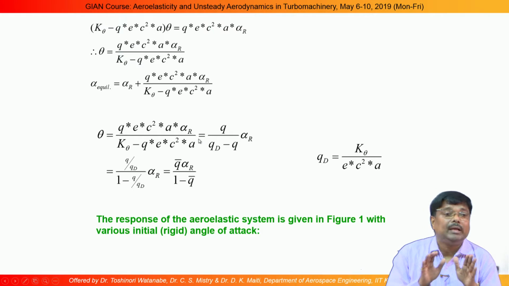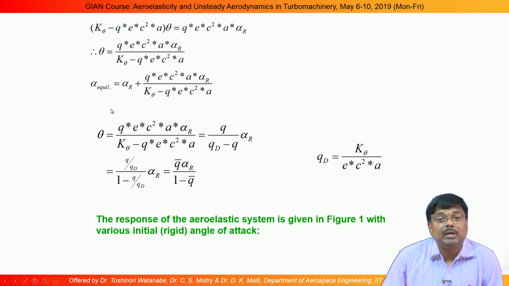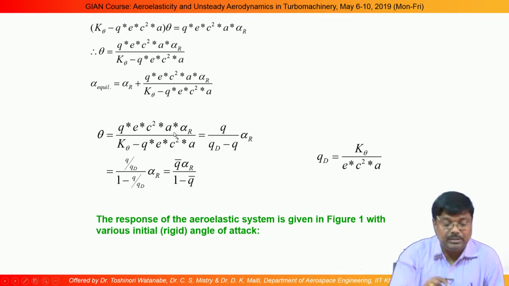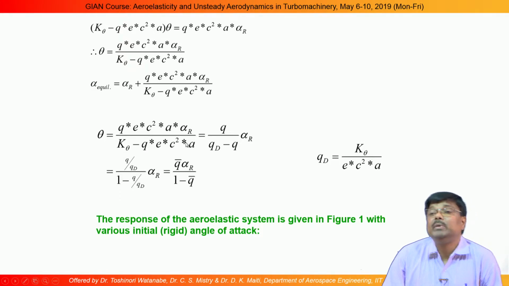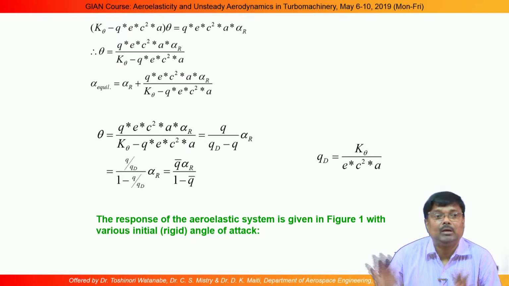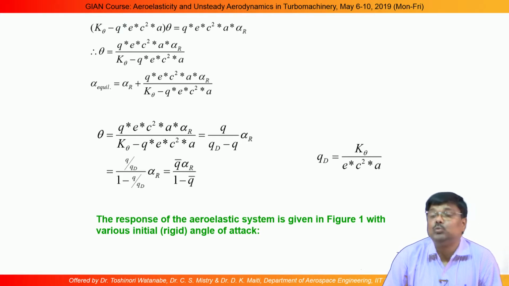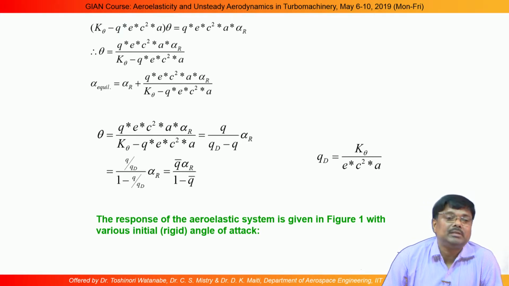There I will get a condition: theta can become infinite when the denominator of this equation becomes 0. Then theta will be infinite mathematically, and if I find out that value of q, I consider it as QD, the divergence dynamic pressure.